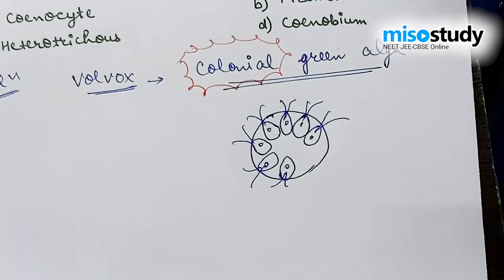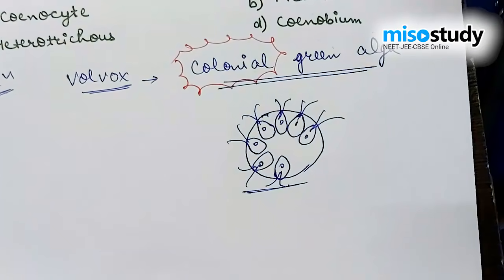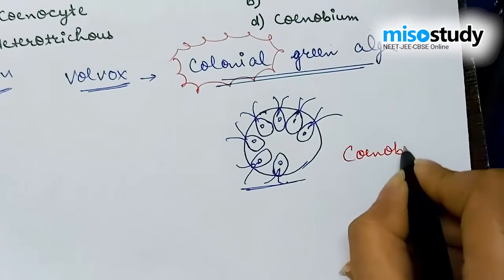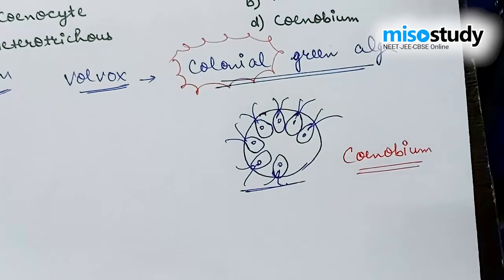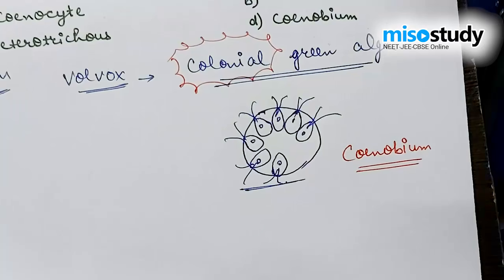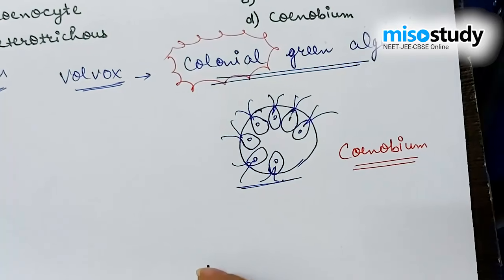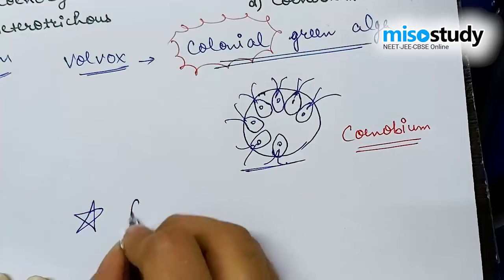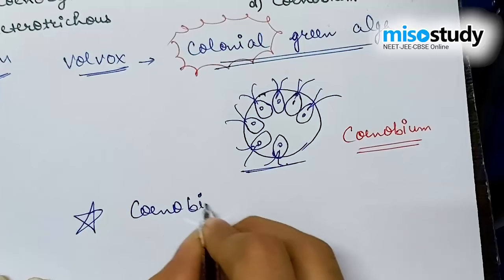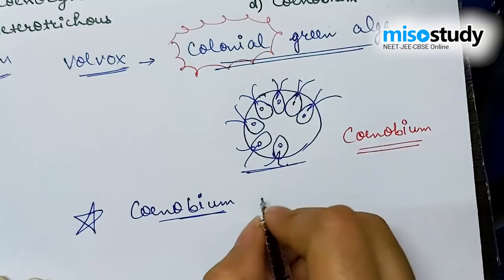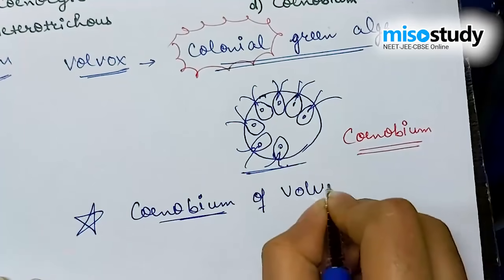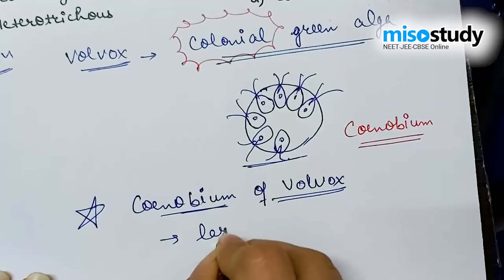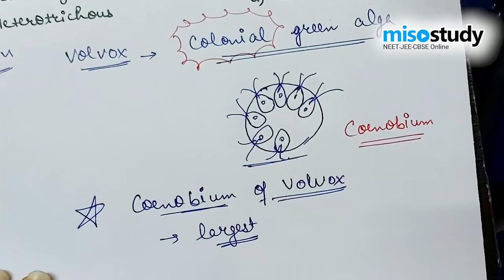When we discuss their colony or such a structure, they will form the coenobium. The coenobium of Volvox is the largest among all the algal groups.